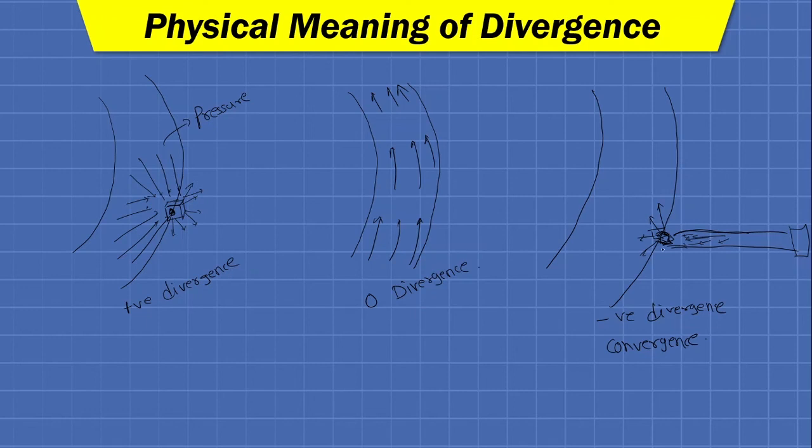Here, when we are refilling the air in the punctured tire, this point behaves as a sink of the high pressure air coming from the compressor. Fine. So convergence or negative divergence at any point represents the sink of that vector quantity, and zero divergence, here in the middle case, means no source and no sink exist at that point.